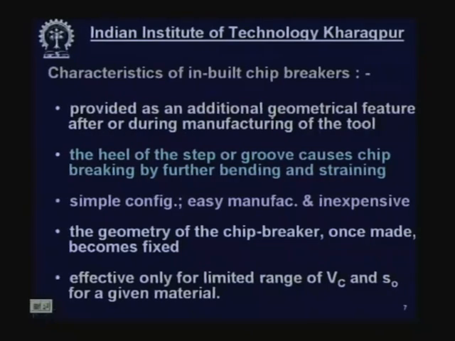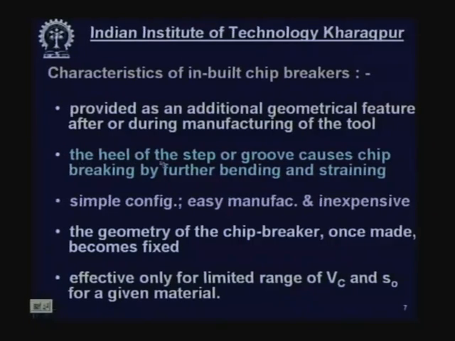If the cutting tools are made of high speed steel, then normally these grooves or steps are cut after manufacture of the cutting tool. But if these are made of exotic materials like carbides or ceramic, which are very difficult to process, then these grooves or steps are manufactured during the manufacturing process, like say compaction and sintering process. This has to be done.